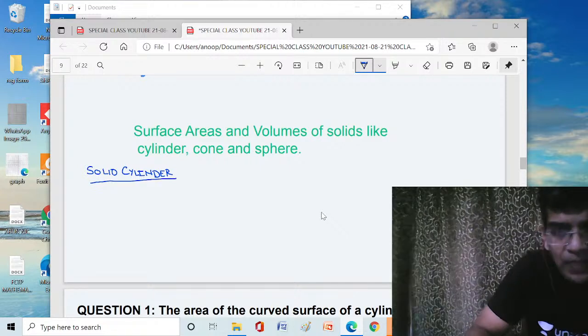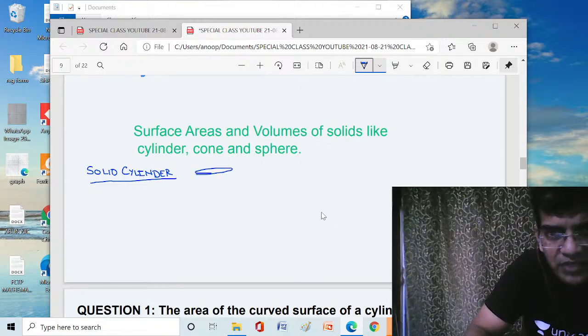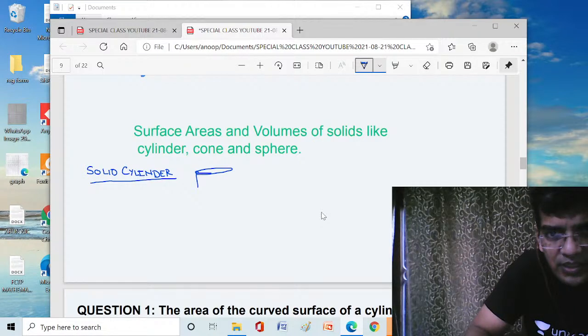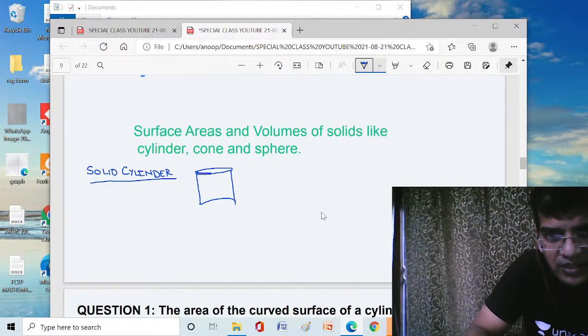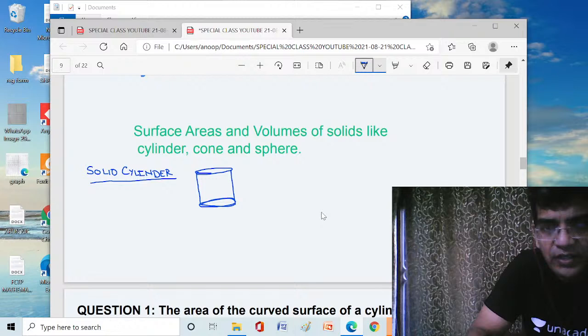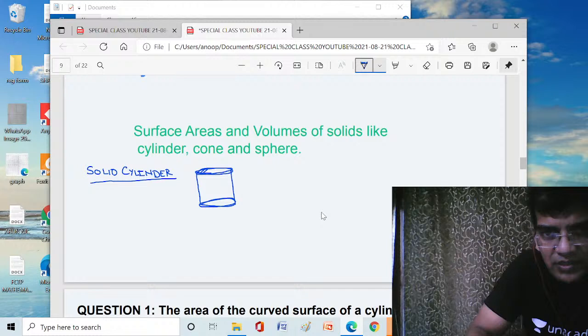Cylinder. Now, if you draw a rough sketch of a solid cylinder, you can see that there are three surfaces in a solid cylinder. What are these three surfaces? We get a circular surface on the top, and another circular surface at the bottom.